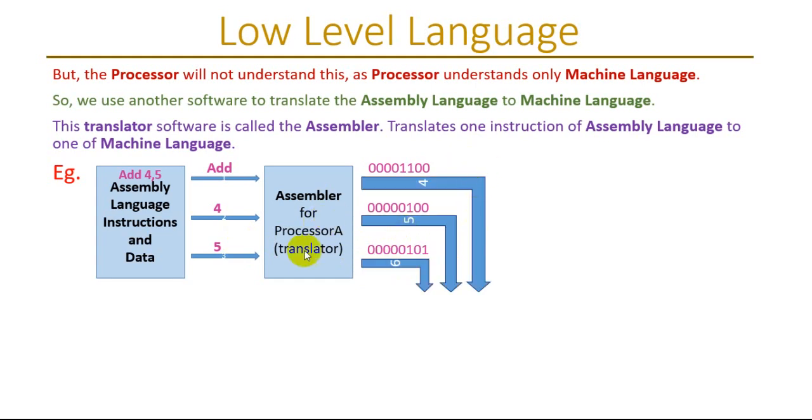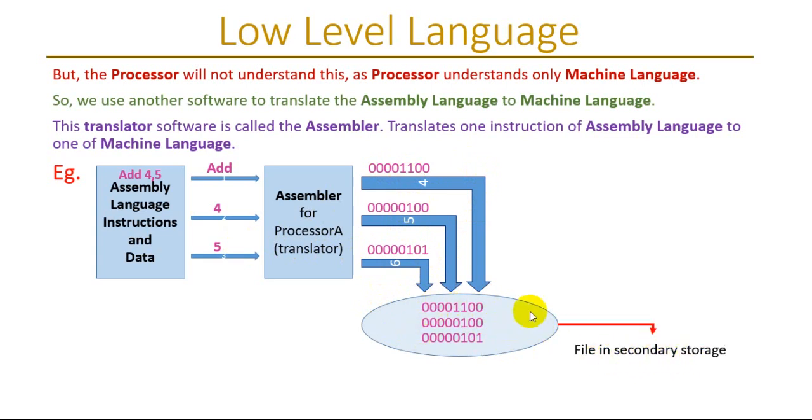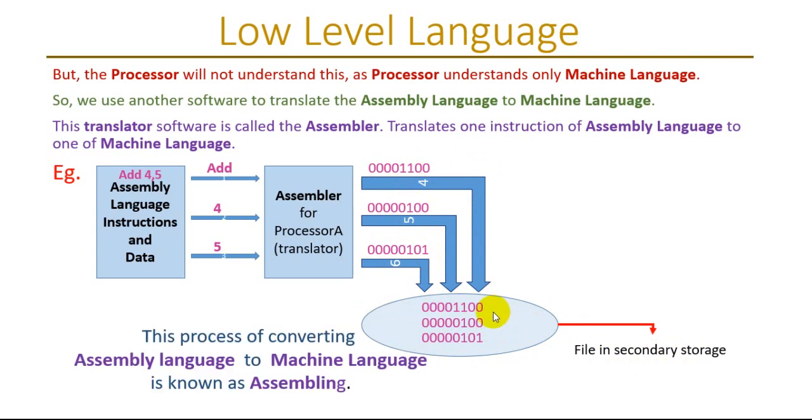And this set it writes into a secondary storage file. See, this one 100, this and this. So the machine language version is written into a file in secondary storage, on your hard disk or somewhere. This process of taking this, translating and writing is called assembly.